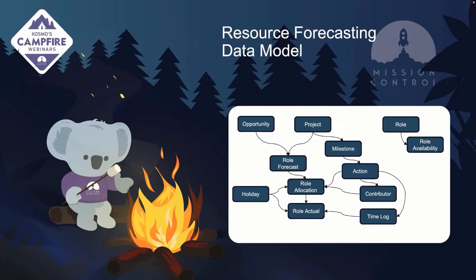So basically, how many hours per day for this time log or for this holiday did we actually deliver? Using that role actual object, you'll be able to run standard Salesforce reports to look at utilization across each individual person.